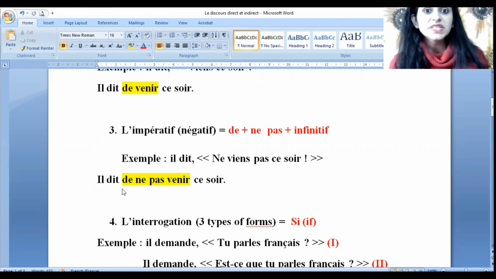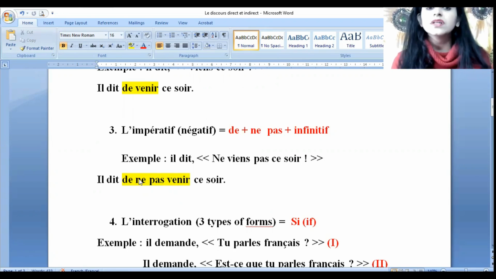Whenever the verb is in infinitive form, ne pas will always be before the verb. Okay, so the sentence becomes il dit de ne pas venir ce soir. Okay, so imperative positive, de plus l'infinitive, imperative negative, de ne pas plus l'infinitive.